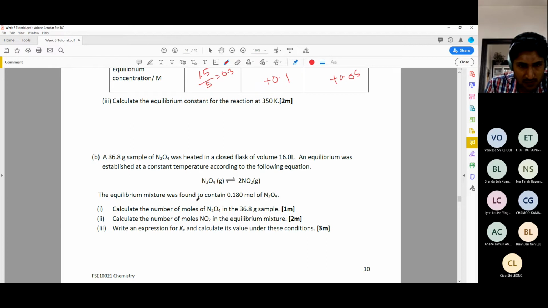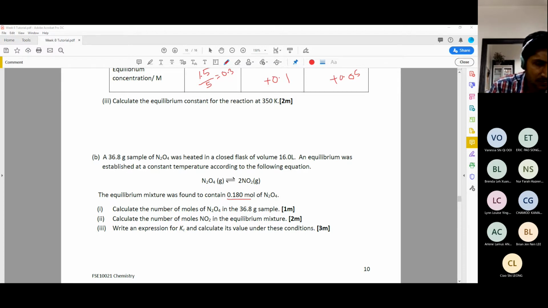The equilibrium mixture was found to contain 1.18 moles of dinitrogen tetroxide. Calculate the number of moles of dinitrogen tetroxide in the 36.8 gram sample, and also calculate the number of moles of nitrogen dioxide in the equilibrium mixture and write the expression for it.